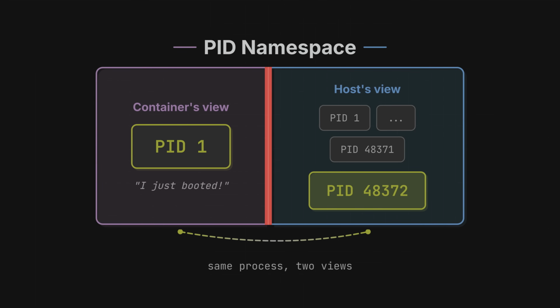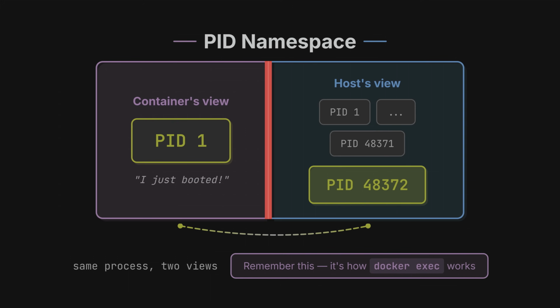The main process inside sees itself as PID 1, as if it just booted a fresh machine. On the host, that same process is PID 48372. Same process, 2 views. Keep this in mind because when we get to Docker exec, you'll see that getting a shell inside a container is nothing more than starting another process with the same namespace assignments.